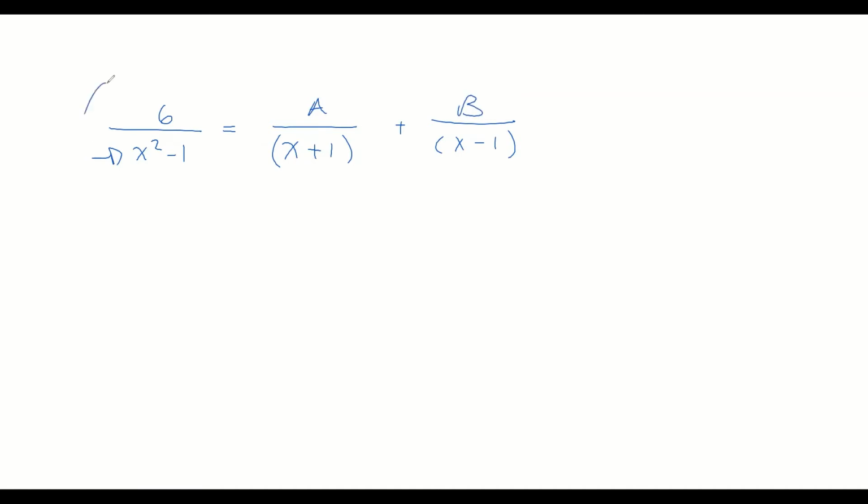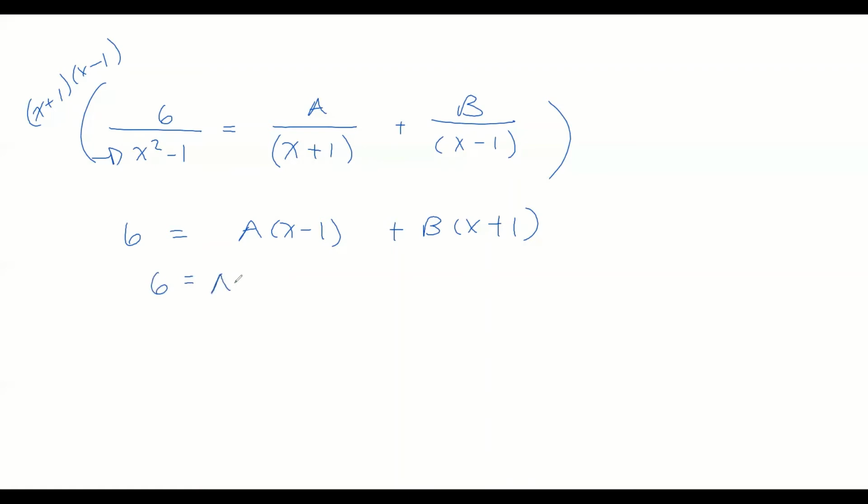Then when I go ahead and multiply x plus 1, technically an x minus 1, to both sides, I end up with just 6 on the left-hand side, and a times x minus 1 plus b times x plus 1. With this derivative method, I'm going to go ahead and factor out or expand.